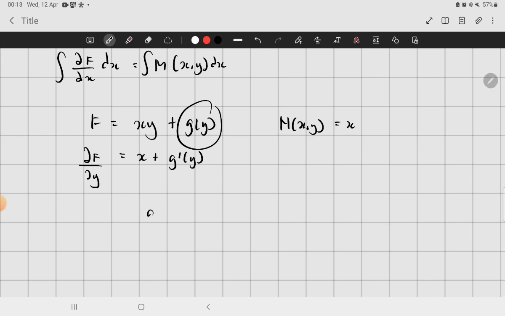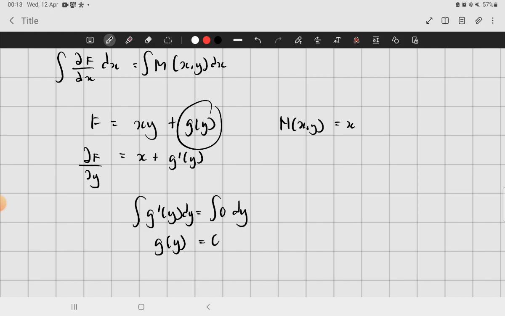So you will have g prime of y equal to 0. When you integrate both sides with respect to y, you will have g of y equal to c. When you differentiate a constant, you will get zero. So that's the idea, and hopefully it's a nice idea to begin with.